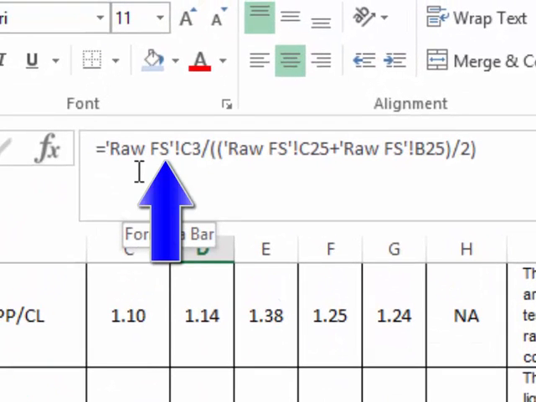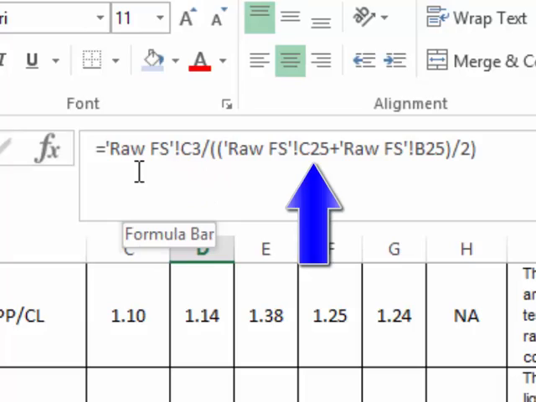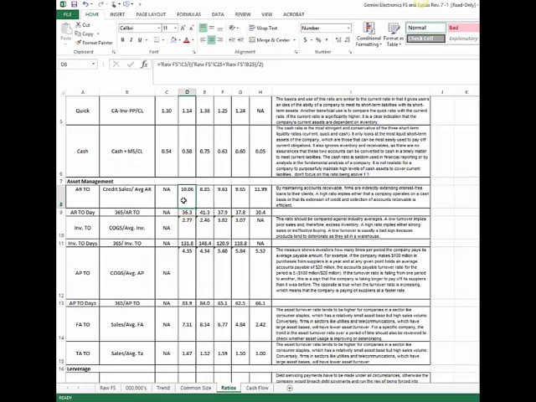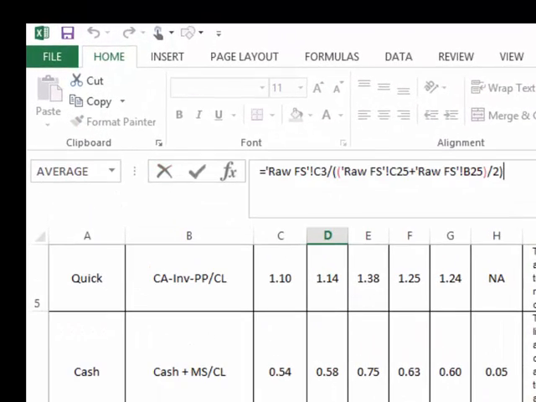Raw financial statement C3 divided by the average of C25, and you can track those items right back to the statement or to the other tab where these numbers came from. So by going through and clicking on each cell, you can find the formula here in this bar and be able to track it back on your spreadsheet.